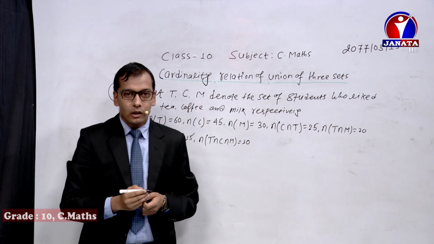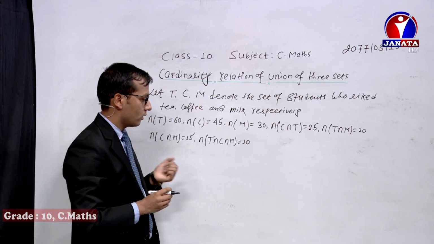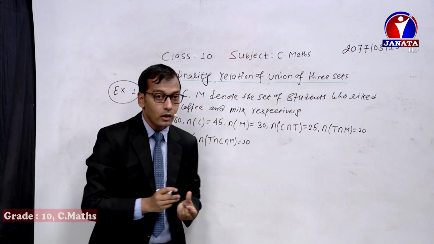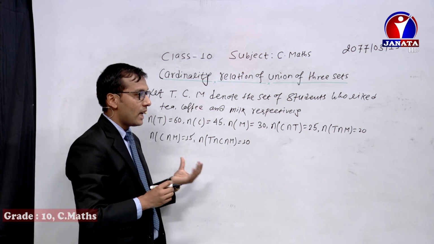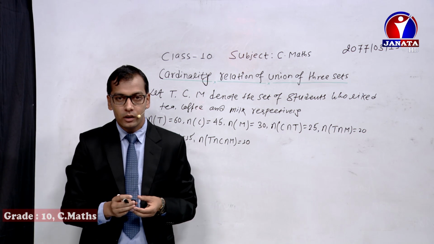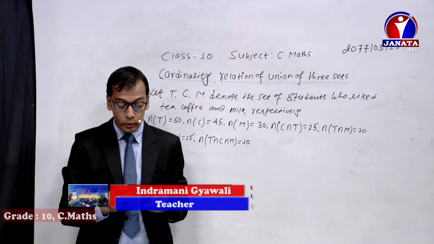So this is the information provided in the question. With the help of all this information, we can now draw a diagram. We can fill all these numbers in a diagram and find how many students were asked.